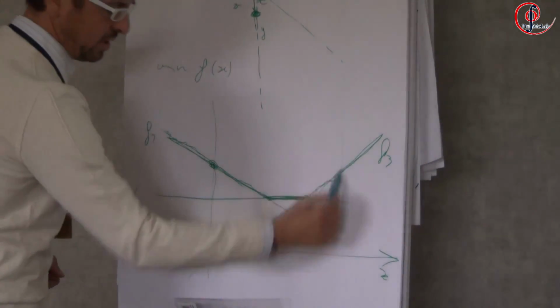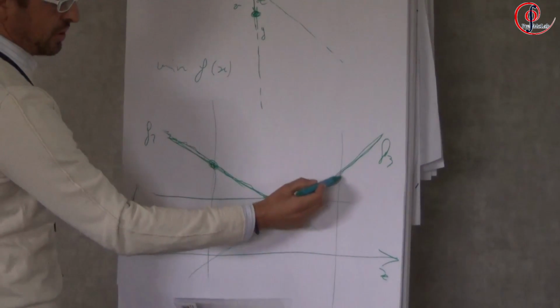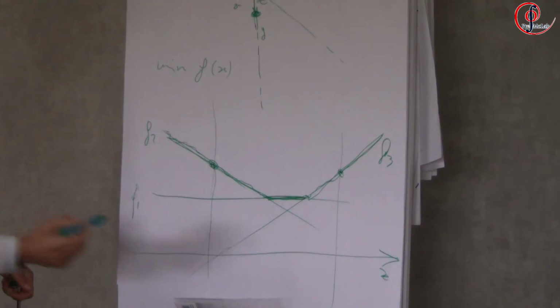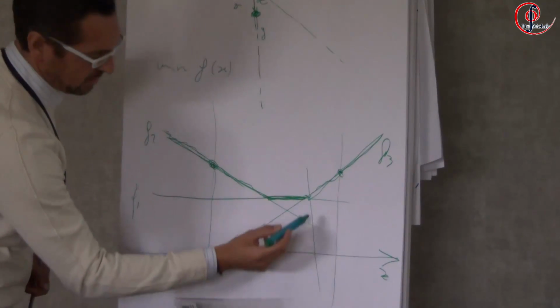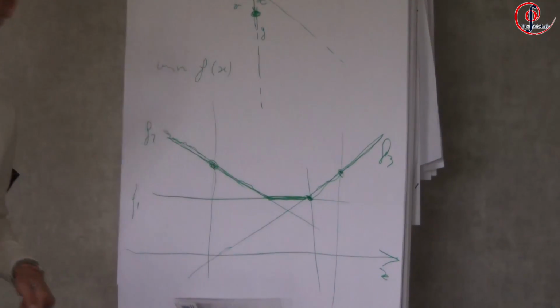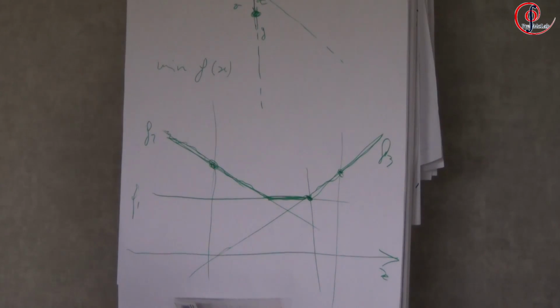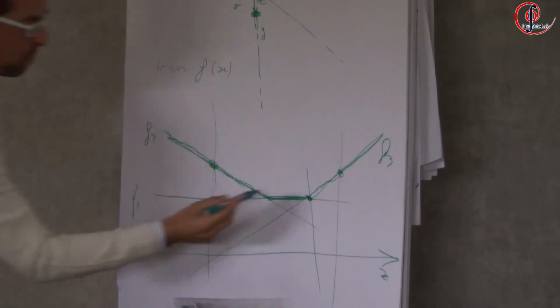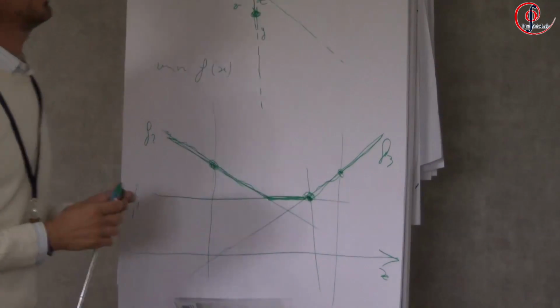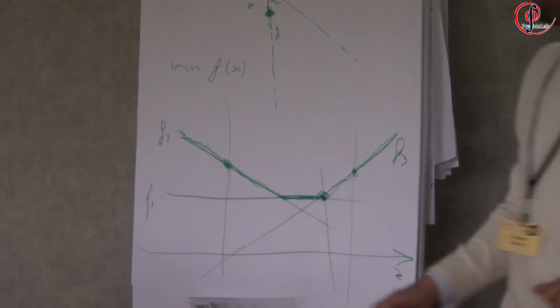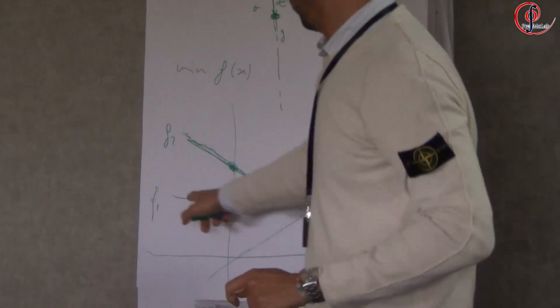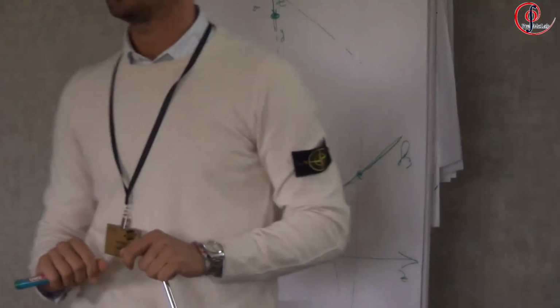At this point here, the active function is f3. And at this point here, we have two active functions. Okay? We have f3 and f1. So at this particular point here, the subdifferential of f will be given by the convex hull of the subdifferentials of f1 and f3.